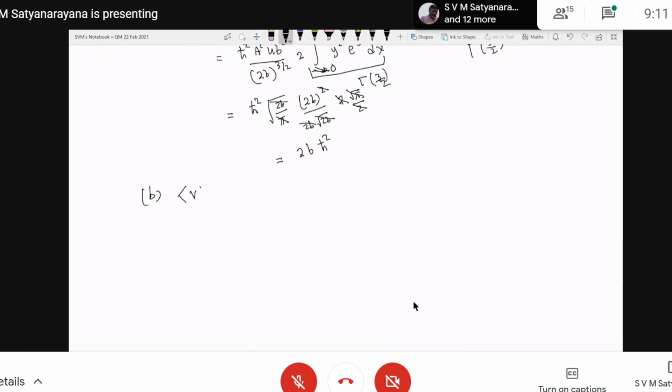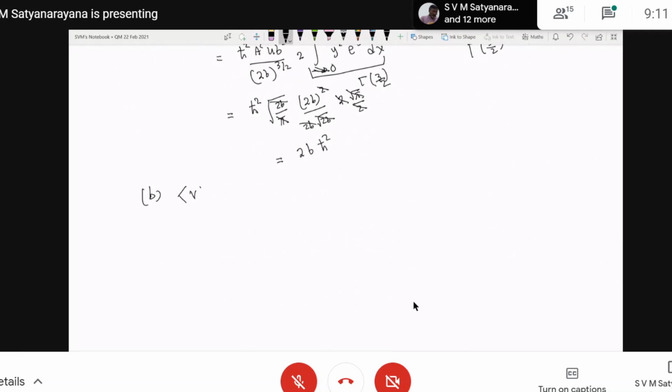So that we can understand: if you take dEg by db equal to 0, that implies h bar square by m minus m omega square by 4b square is equal to 0. So that tells you that m omega square by 4b square is equal to h bar square by m. In other words, you can take b square to that side.